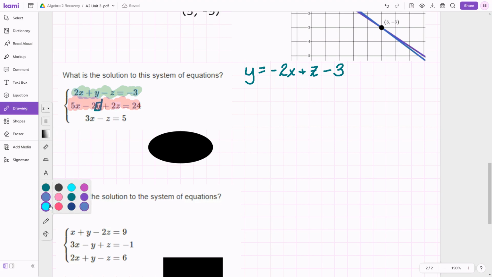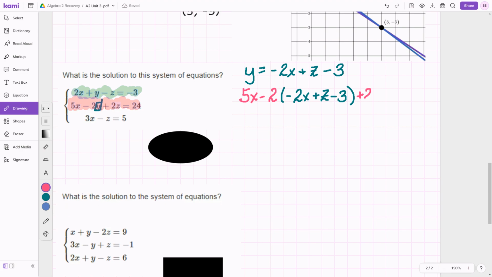So I have 5x, blue, 5x minus 2. Now here's the y: minus 2x plus z minus 3. Okay, close parentheses and then continue with writing the function.